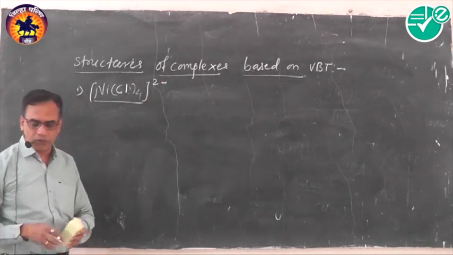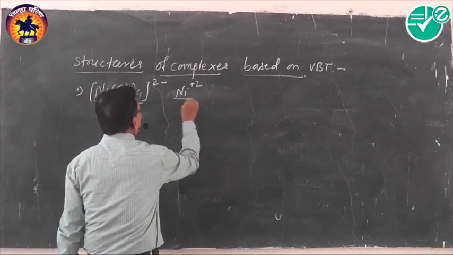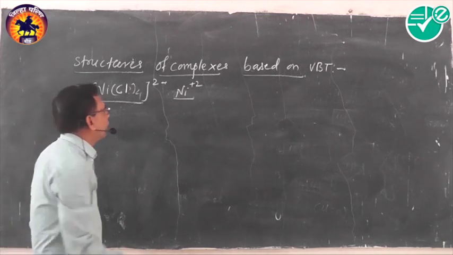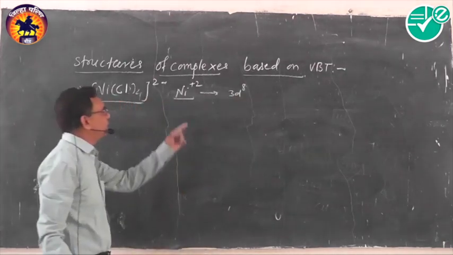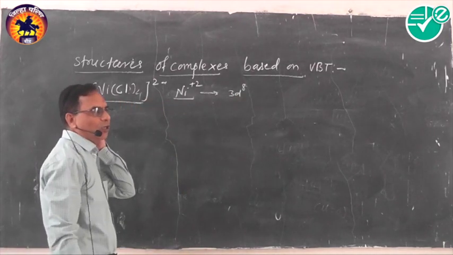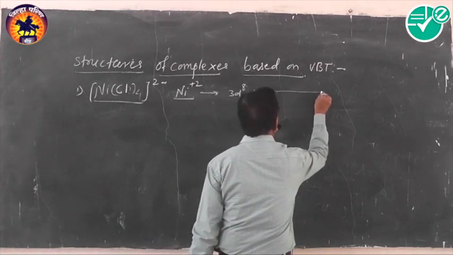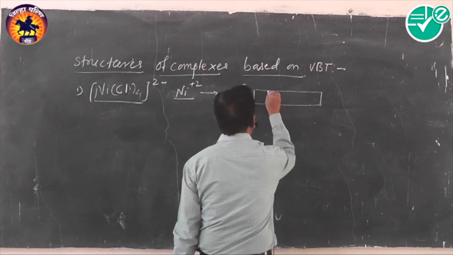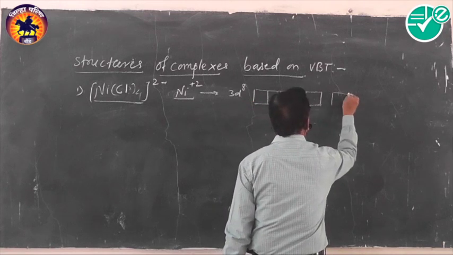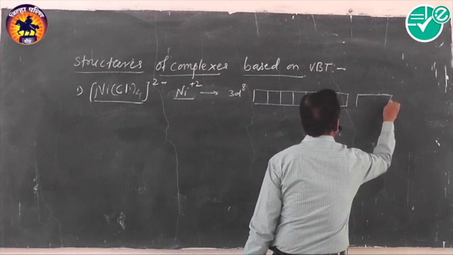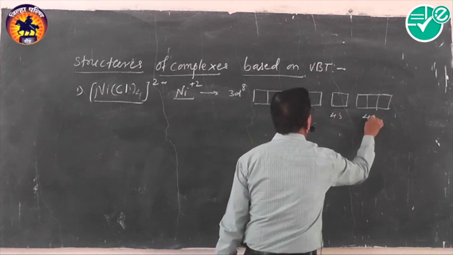We have to see the structure of this complex. In this case, nickel is in +2 oxidation state. So it has electronic configuration 3d8. That is, this is a d8 case, and its electronic configuration may be written as 3d, 4s, and 4p.